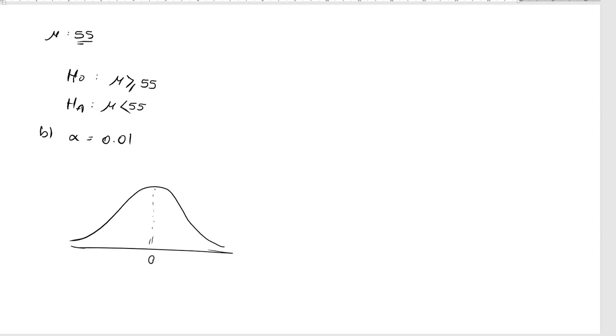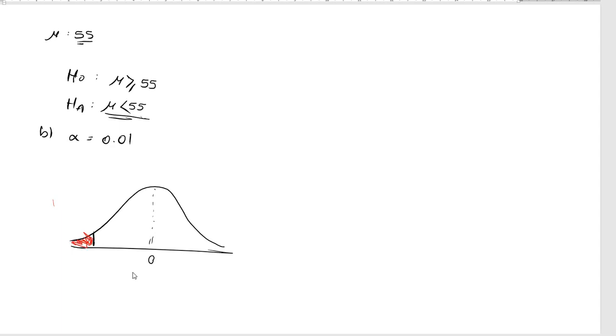That's 0. We know it's a directional, left-tail test because of this alternative. It's a one-tail test and a left-tail test. So alpha should be here on the left tail.